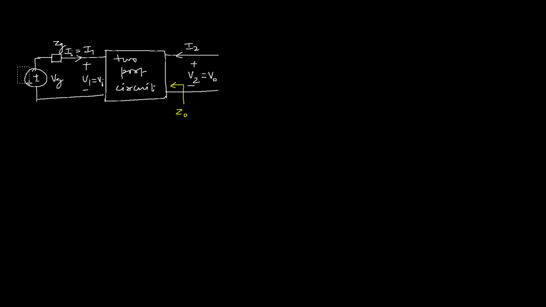At the same time, we have to make the external independent source 0. So VG is short circuited. Now, to activate the dependent sources of this two-port circuit, we need to apply an external source in place of load with voltage V2 and the current I2. So this Z naught is V2 over I2 when VG is 0.